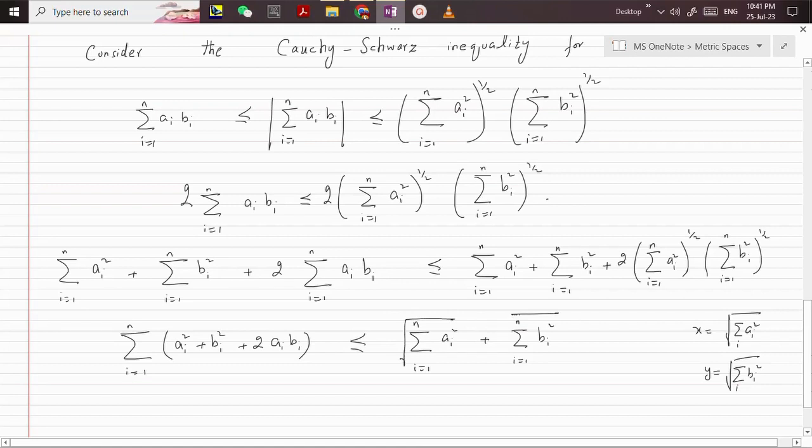This is our x, so x plus y whole square.